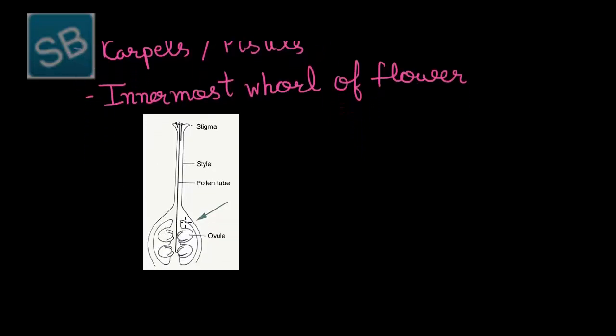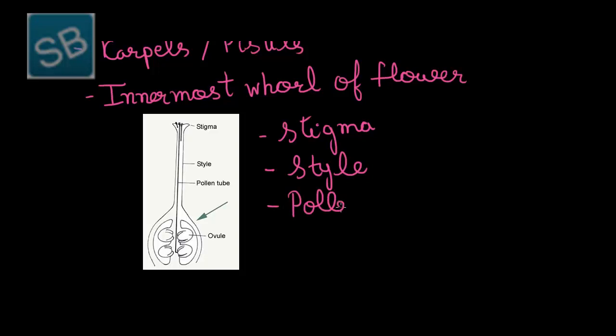Now this structure depicts the structure of a carpel. As it can be seen from the figure, a carpel basically consists of stigma, which is the tip portion. Second is style, beneath stigma. Third is pollen tube, which is present within the style.